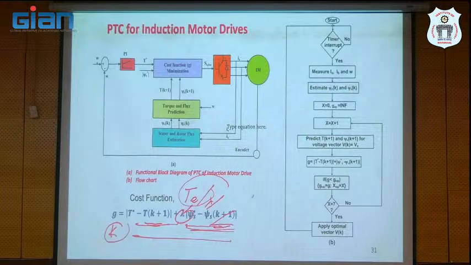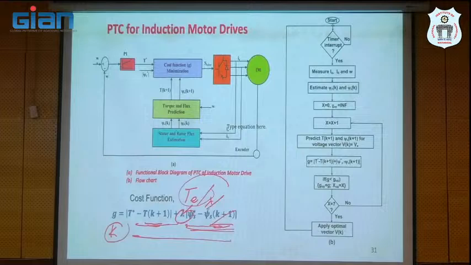Next, one more important thing is that the selection of lambda is also crucial based on your priority. Based on your priority, you have to adjust lambda. Suppose your top priority is the torque controller, you have to take lambda very less. If the top priority is the flux controller, you have to take lambda more.